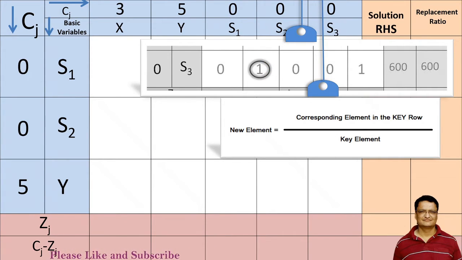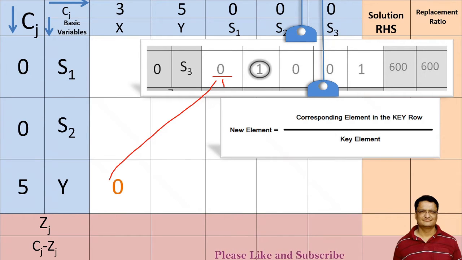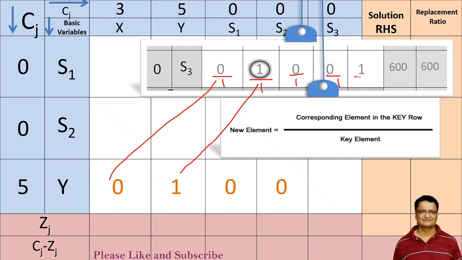So here I can write that 0 divided by 1 will give a new value over here as 0. 1 divided by 1, because the key element is 1 and we are dividing by 1 only, will give me a value of 1. Again 0 divided by 1 will give me a value of 0, and 0 divided by 1 will give me a value of 0, and 1 divided by 1 will give me a value of 1.